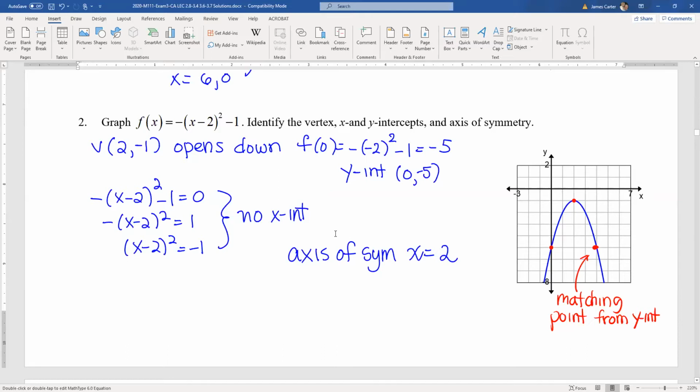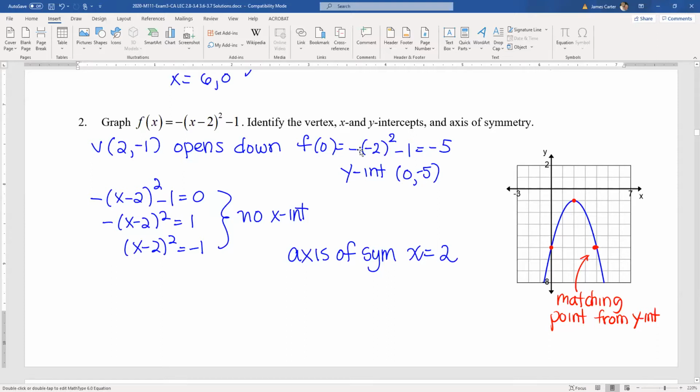Okay. To find the y-intercept, we replace this x with 0, and we get -2 squared is 4 times a negative is -4 minus 1 gives us -5.